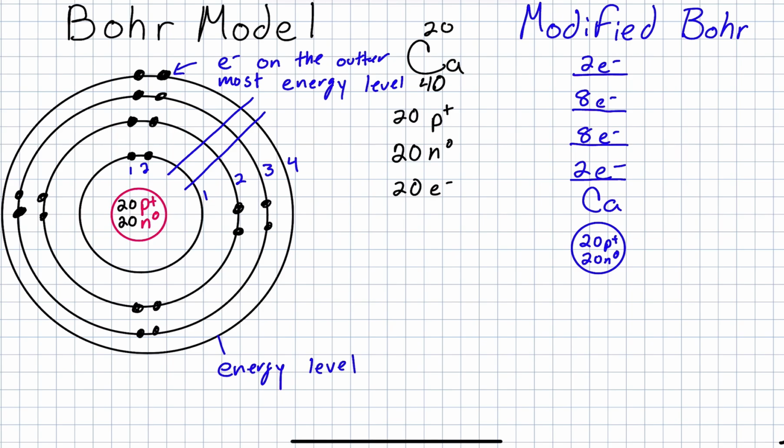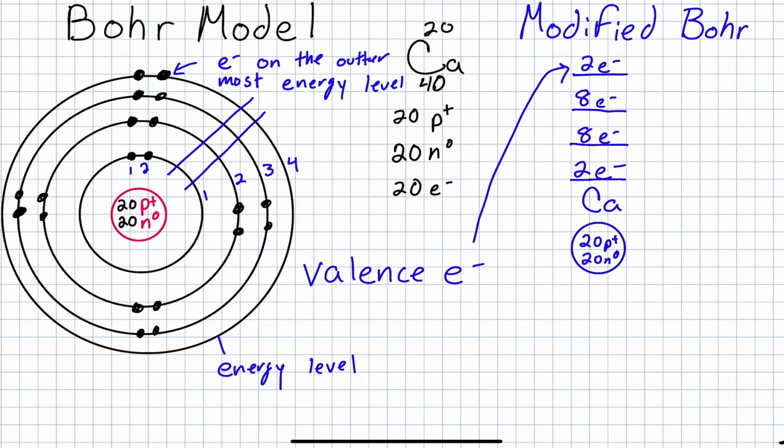The electrons on the outermost energy level, so the electrons that are the furthest from the nucleus, are referred to as your valence electrons. So those are our valence electrons. I'm going to write that again down here a little bit neater. And so in this case, I have 2 valence electrons.